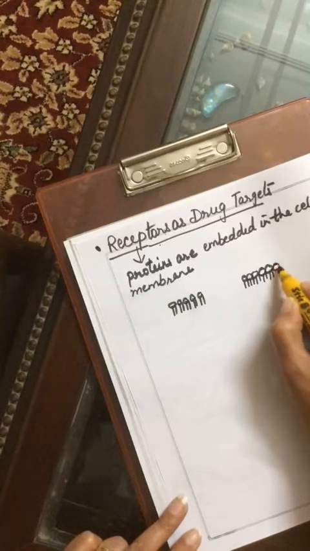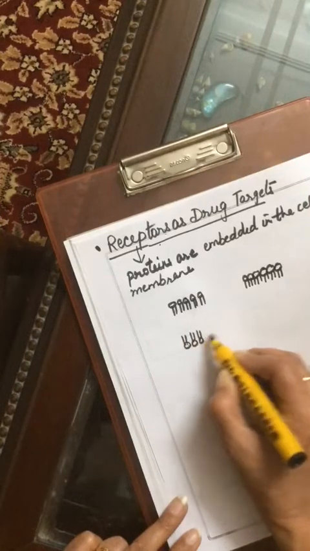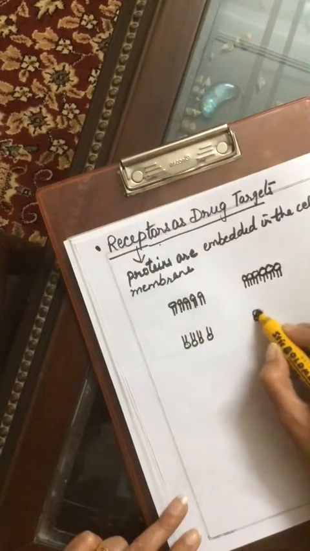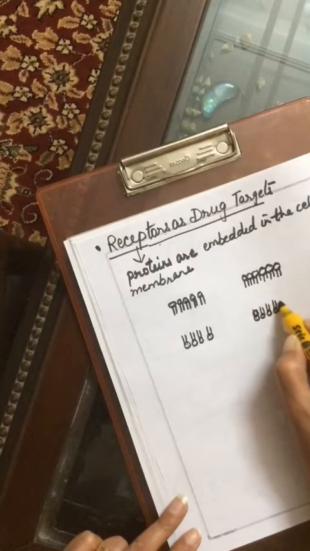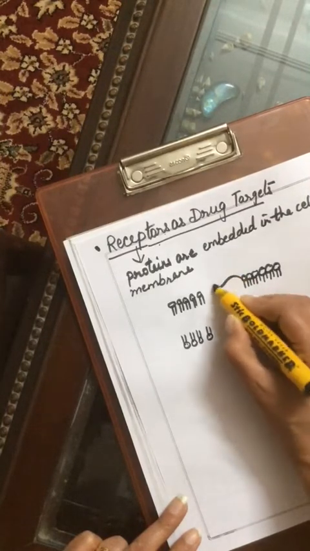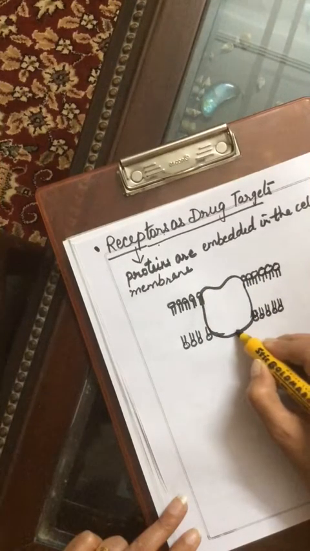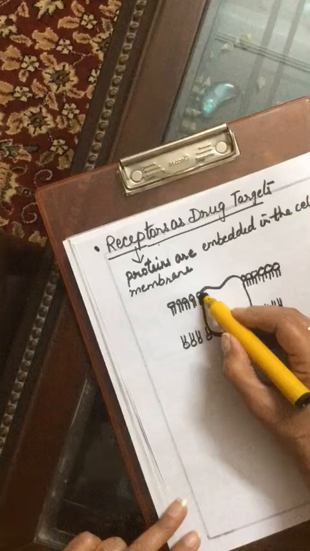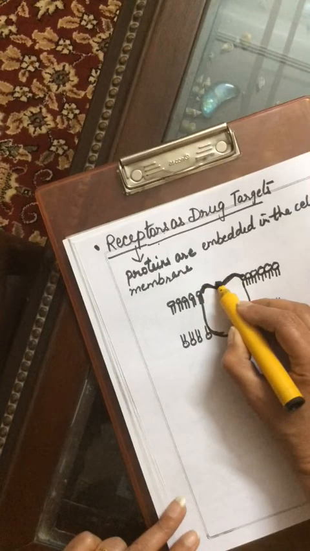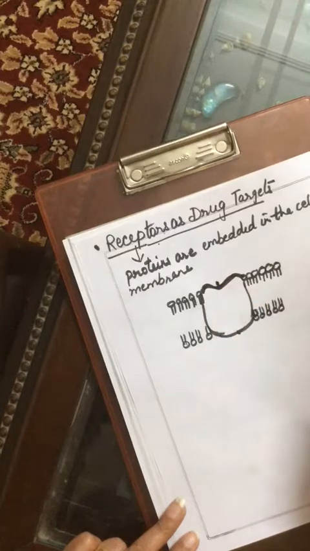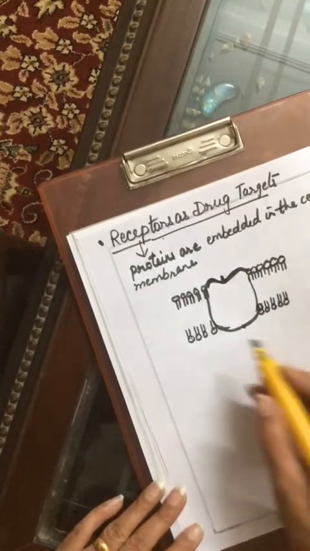This is the outer layer. And in this cell membrane, receptors are embedded in such a way that the small part which has the active site is protruding a little outside.